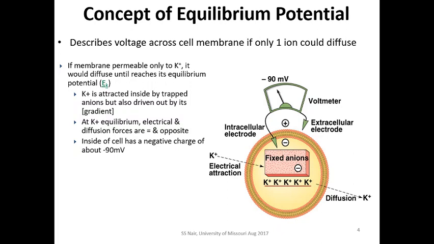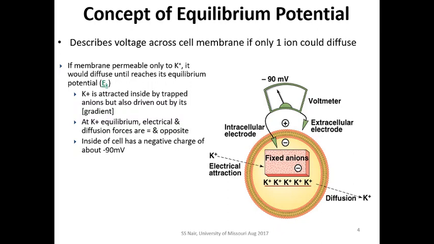So we will assume a concentration gradient has been set up. We'll come back to this question later as to how did this concentration gradient get set up? Who did this? We'll come to that question later.